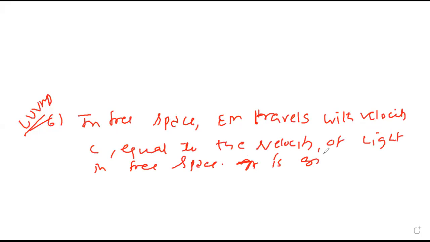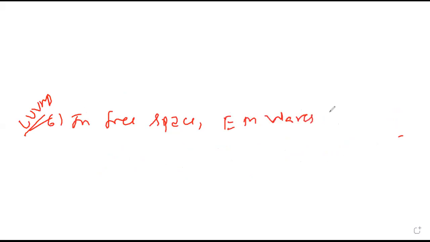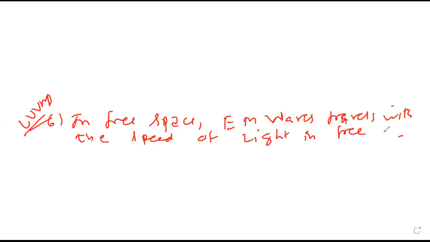Let me make the words a bit easier. In free space, electromagnetic waves travel with the speed of light in free space, that is c equals 3 into 10 raised to 8 meter per second.